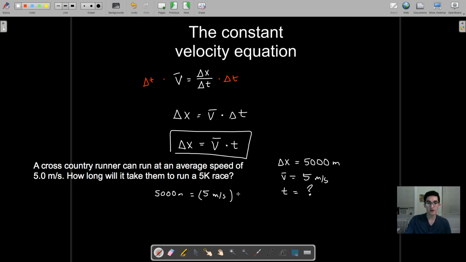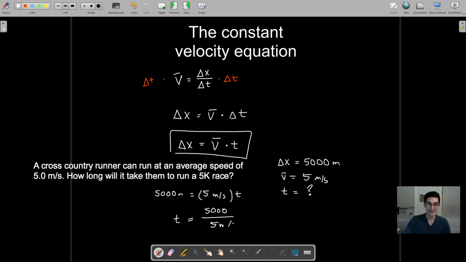And since I don't know time and I'm solving for time, I'm just going to leave t as my variable. And now I'm going to just use algebra to solve for t. This is why we did the whole solving for variables thing. So I have 5,000 meters on the left, 5 meters per second on the right. So in order to solve for t, all I have to do is divide 5,000 meters by 5 meters per second. Just like that.